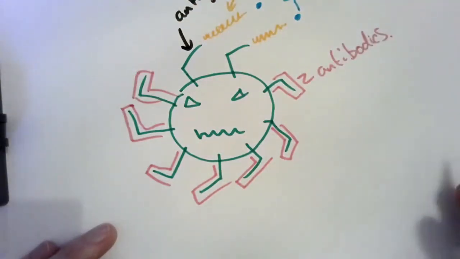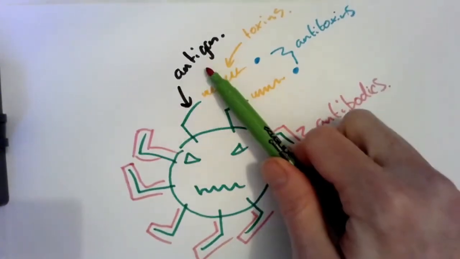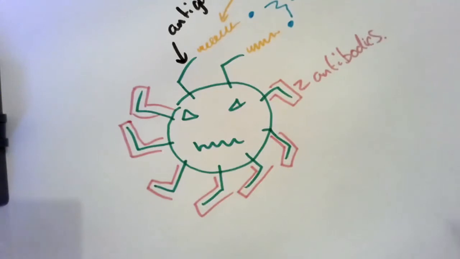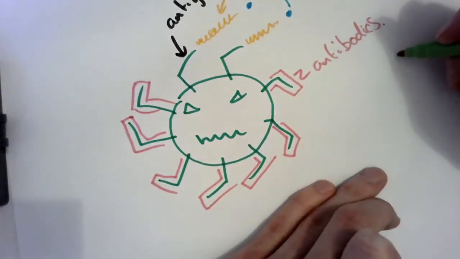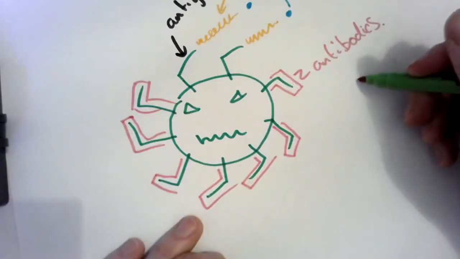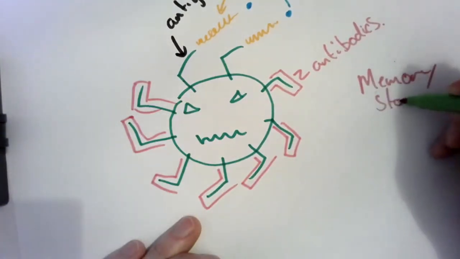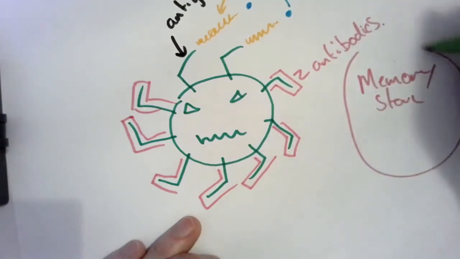There's a bit of a recovery time because it's your body learning how to fight it, learning how to produce those antibodies to wrap around the antigen and to protect you. But the reason you might have immunity to certain illnesses is that your memory cells store these for a rainy day.